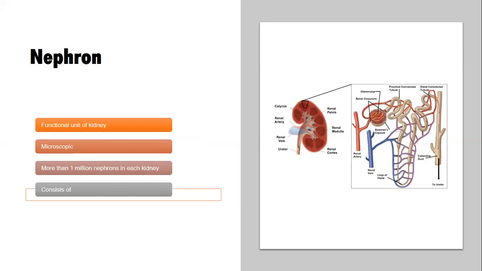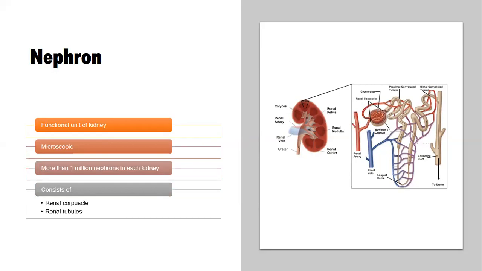The nephron consists of the renal corpuscle and renal tubules.